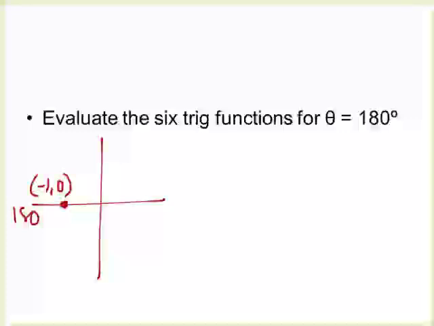That point gives us the cosine and then the sine, and tangent is equal to sine divided by cosine. So we want to list all 6 trig answers, as we did in the first ones.